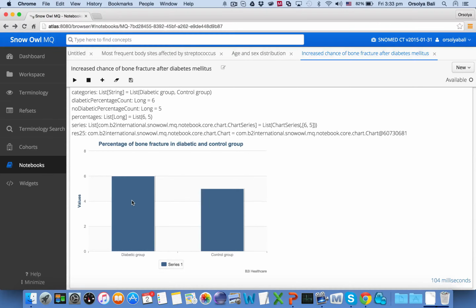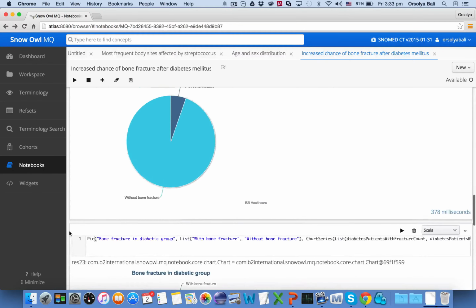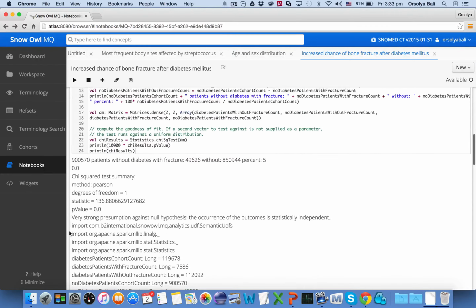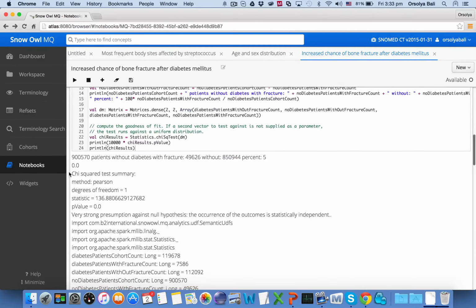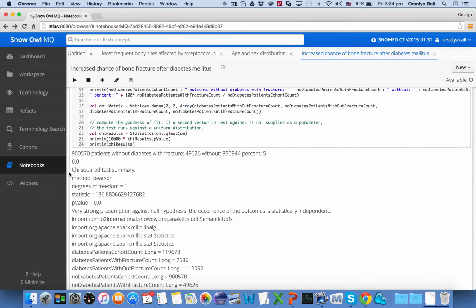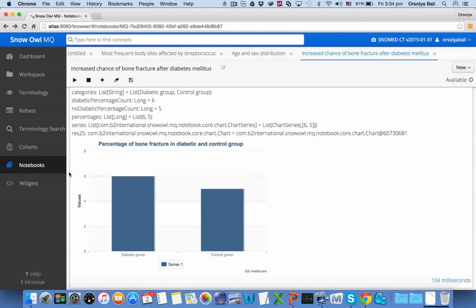This is something that we can see just by looking at these charts. However, it is also possible to verify these using statistical analysis and a chi-square test, which tells us whether this is just a difference that we observe based on the charts, or if this is a difference that is actually significant for this particular patient population that we're examining.